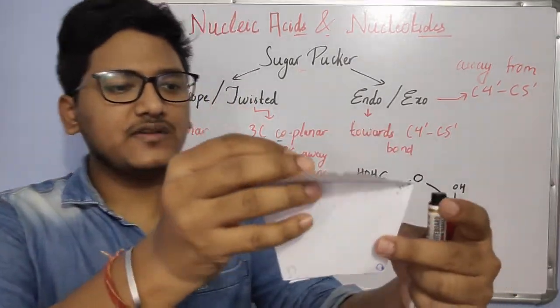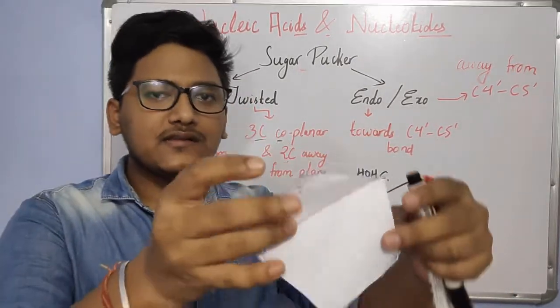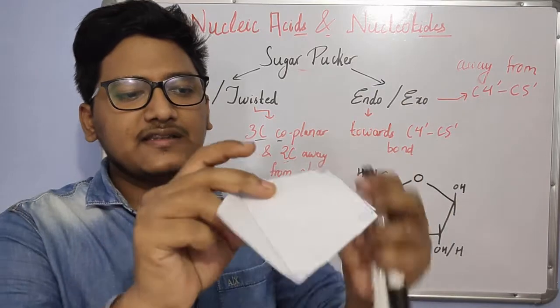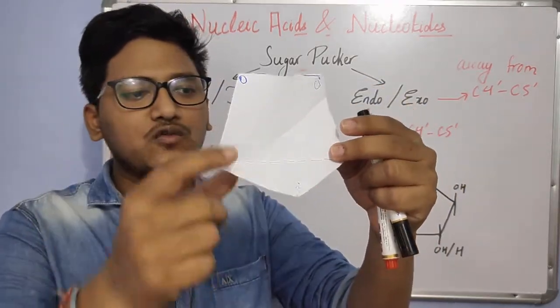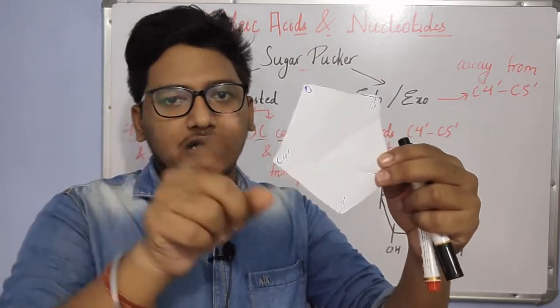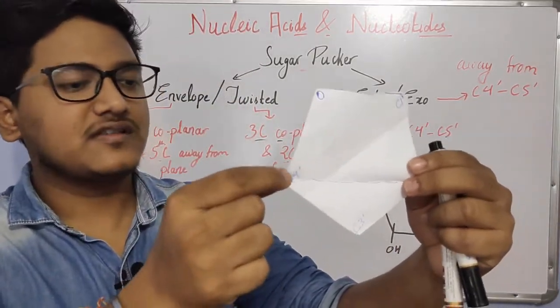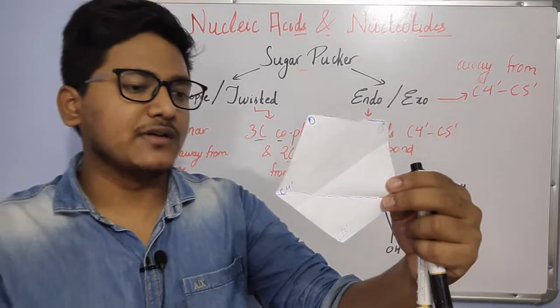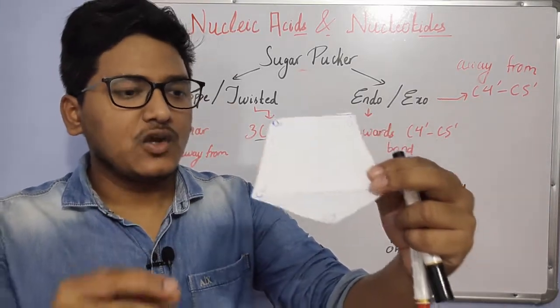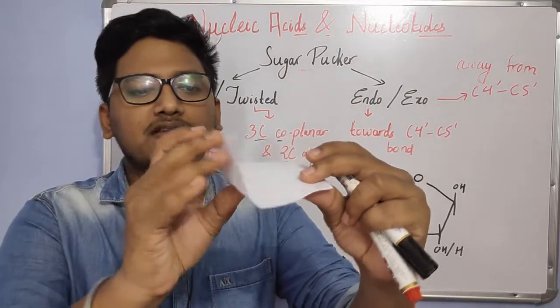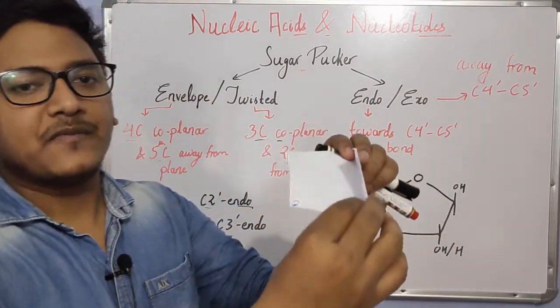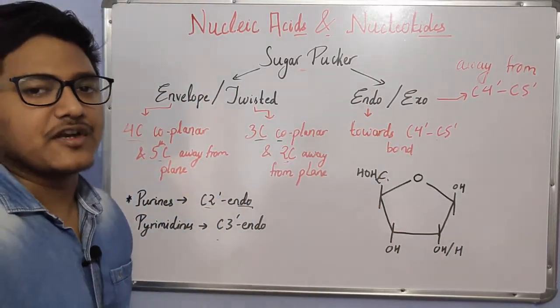As you can see, this resembles the structure of an envelope, and thus the name envelope. And you can see that the 4 carbons, 1, 2, 4, and the last carbon which is attached to the C4 prime carbon, are in kind of a plane, whereas this particular carbon, the C3, is slightly upwards or away from the plane. So this is the envelope configuration.